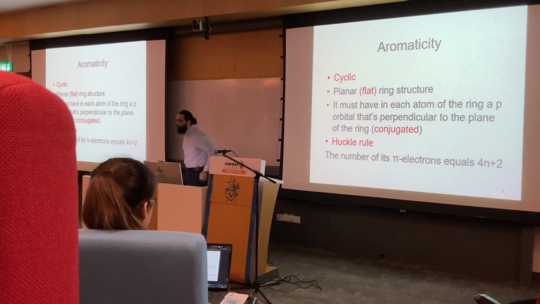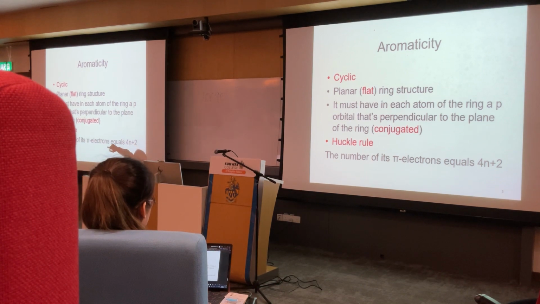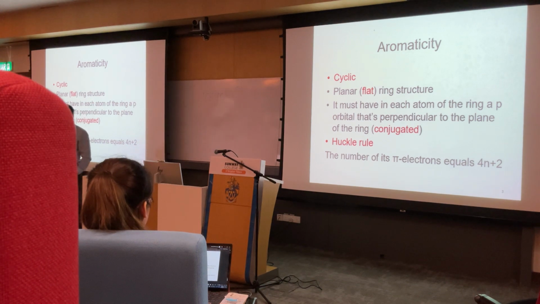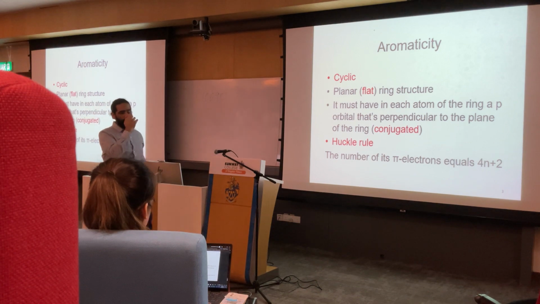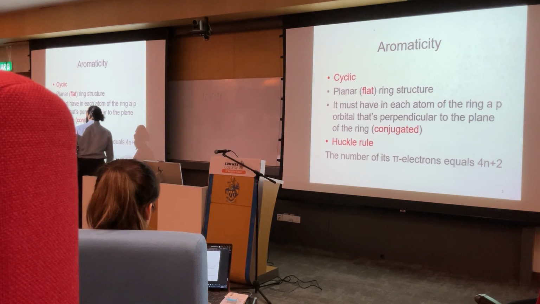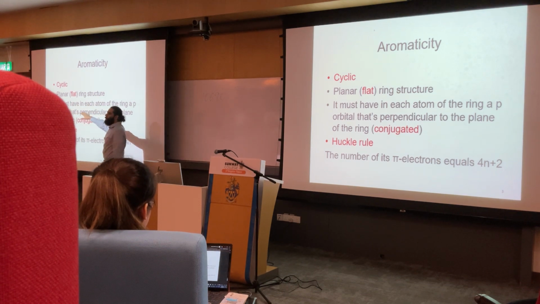So for a molecule to be aromatic, it needs to follow all 4 of these criteria. This is also super important for your exam as well as for your understanding of organic chemistry, which will help you in the understanding of biochemistry as well. So for a compound to be aromatic, it must be in cyclic form.